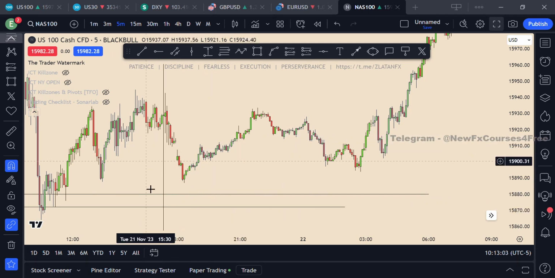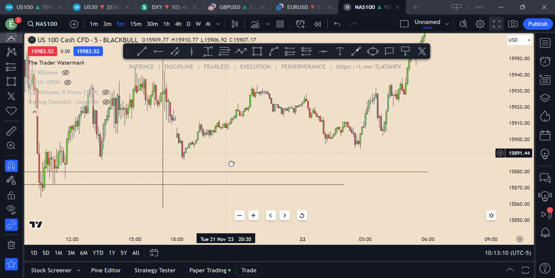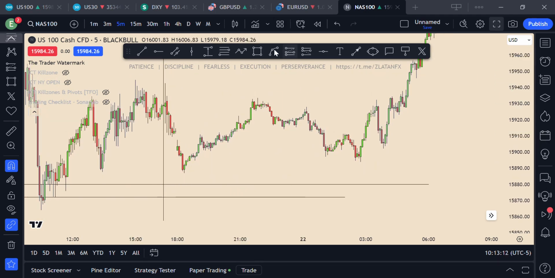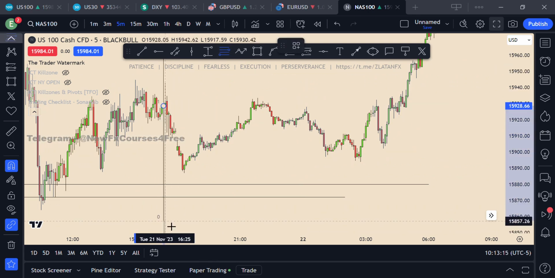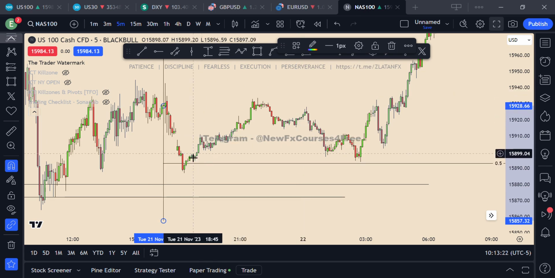So now this is our sweep, right? And then we came back to this. I think this should be the consequent encroachment of it. Let's check the consequent encroachment. So this is the consequent encroachment of this wick, and we hit it, and you can see an expansion, right?